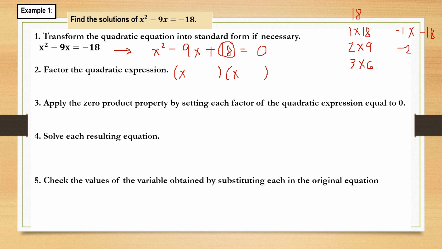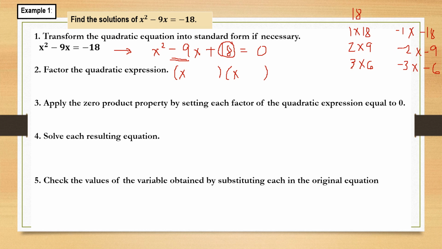negative 2 times negative 9, and negative 3 times negative 6. Now, among the factor pairs, which pair will give us negative 9 when added?